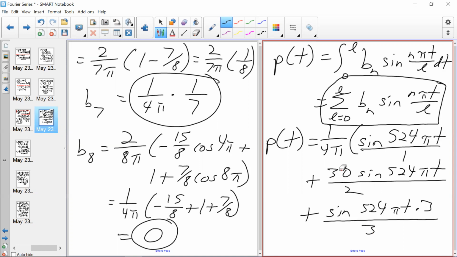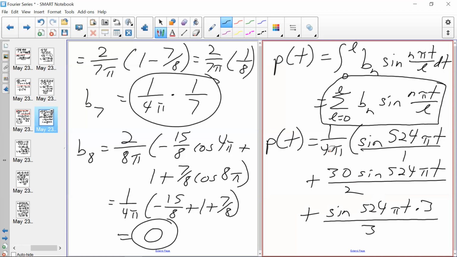So instead of saying 15, let's say 30 over 2, 1 over 4 pi. At this point, it's about just keeping consistent with writing the terms in their series or their sequence, whatever term you want to use, it doesn't matter. So this is the first term, second term, third term. You could say 15 because eventually we're going to take this amplitude, which is 15, and we're going to do something with it.